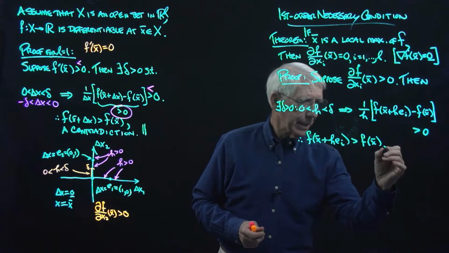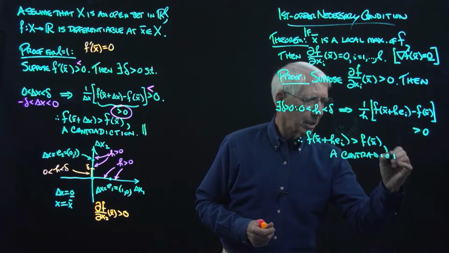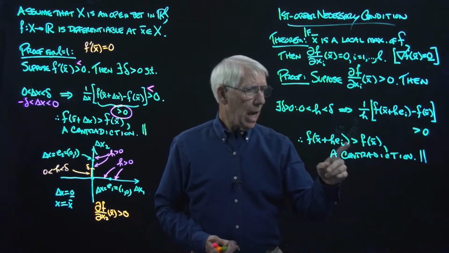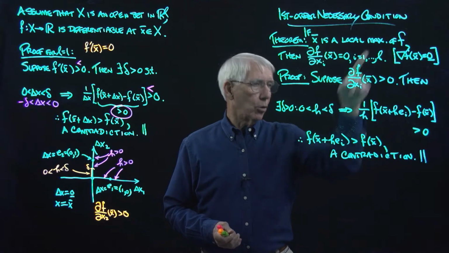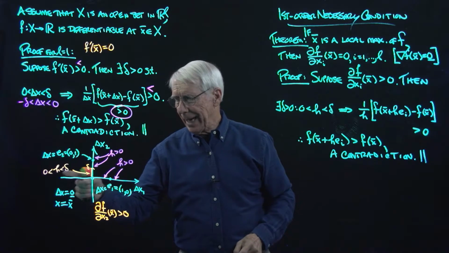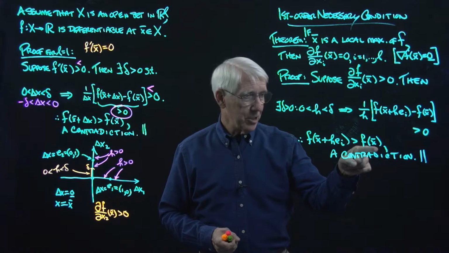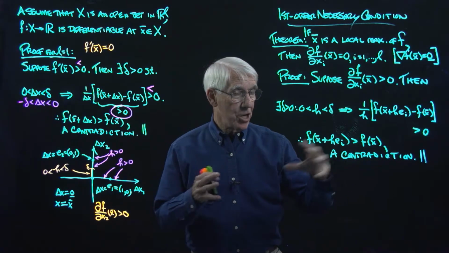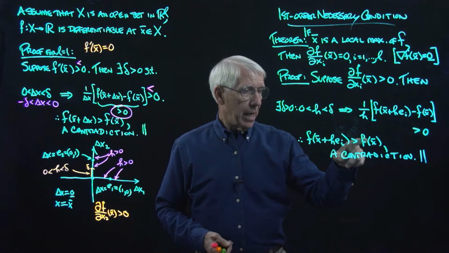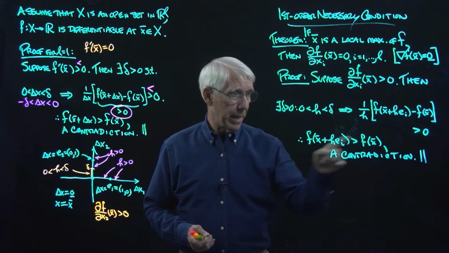Again, that's a contradiction, because we've said that x bar is a local maximum of f. And so it can't be then that for every h smaller than delta, this is larger than this, because that means that there is no neighborhood of x bar on which the values of f are always smaller than at x bar.